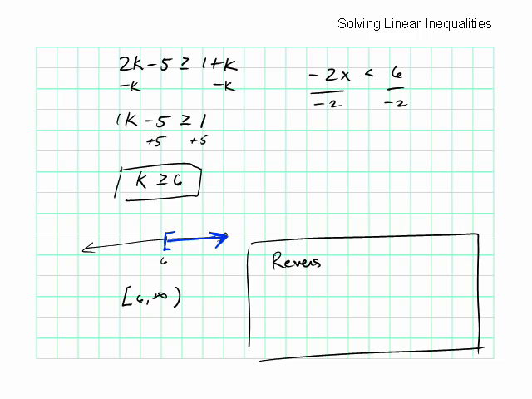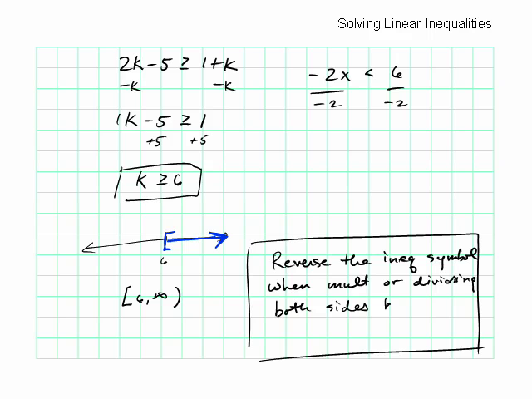Reverse the inequality symbol when multiplying or dividing both sides by a negative number. That's the one extra rule.